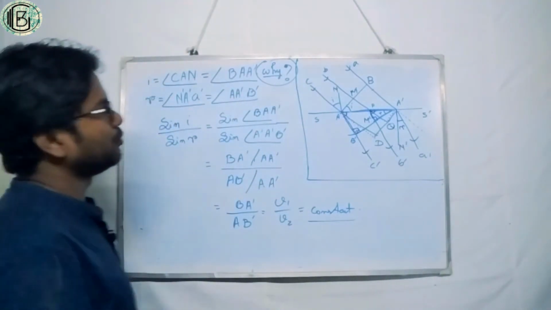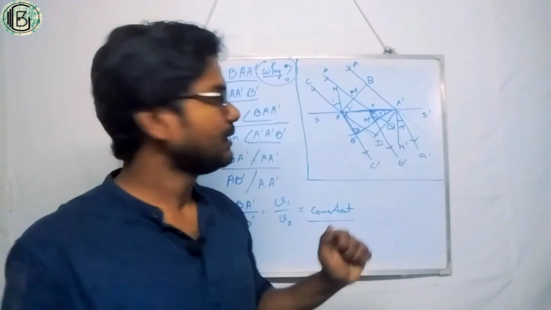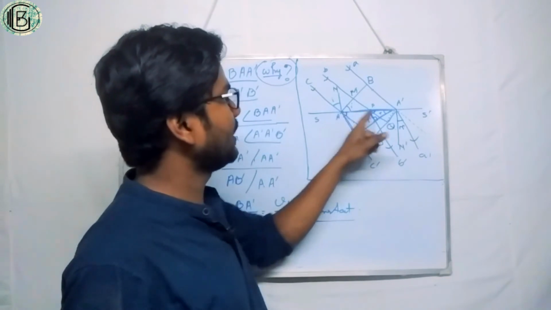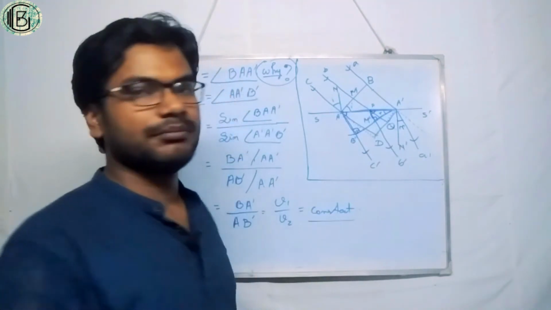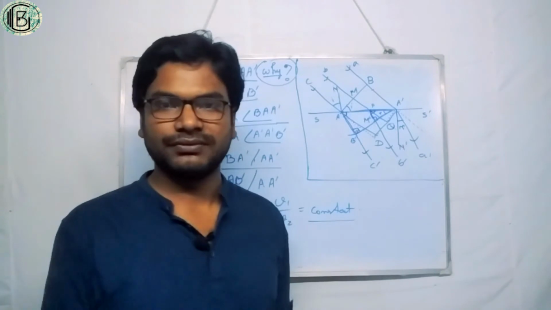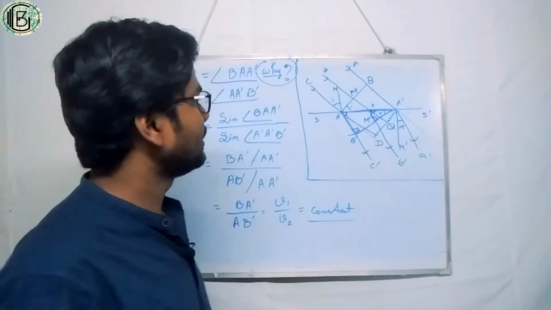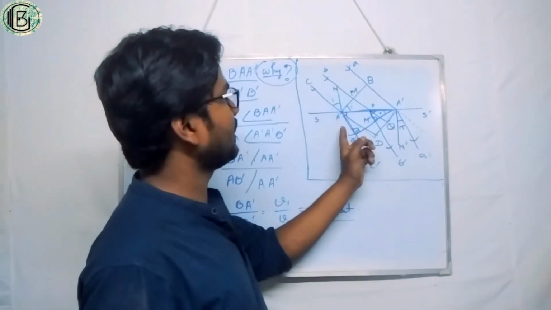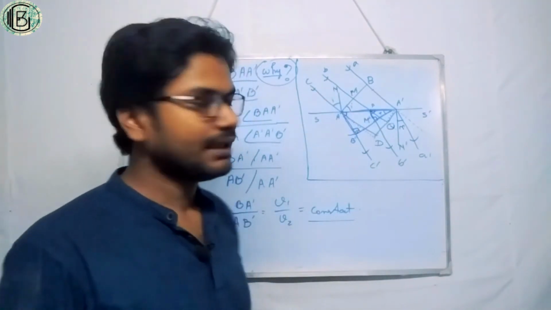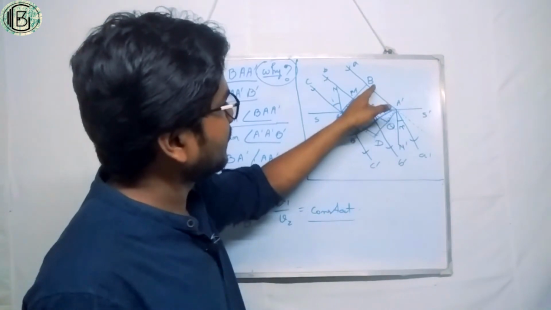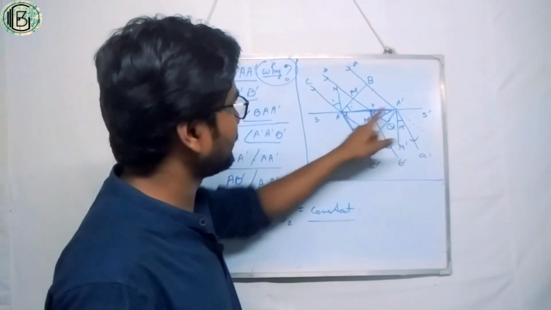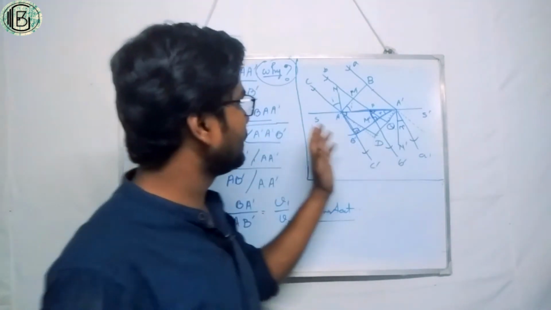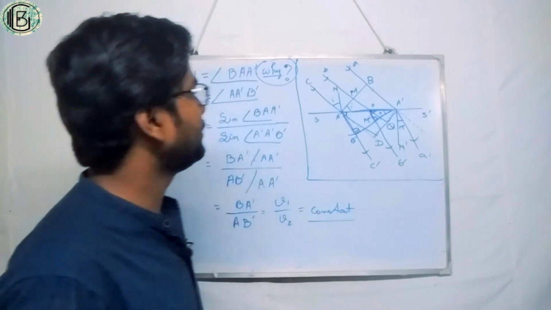Now we know that CAN equals BAA prime. Why? Because in the previous proof we have already shown that if CAN is I and CAB is 90 degrees, then BA prime is 90 degrees minus BAN.